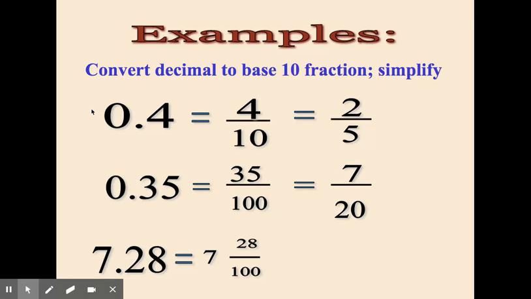And then 28 over 100 because it's 2 places over. Okay, the 7 stays the same. I reduce the 28 over 100, dividing both by 2 to 14 over 50. And then I keep the 7 again, but now I reduce the 14 over 50 to 7 over 25. And that would be my final answer.